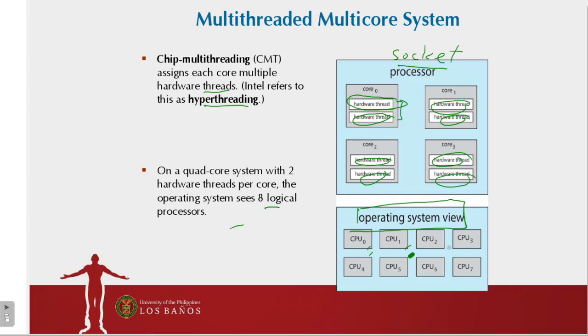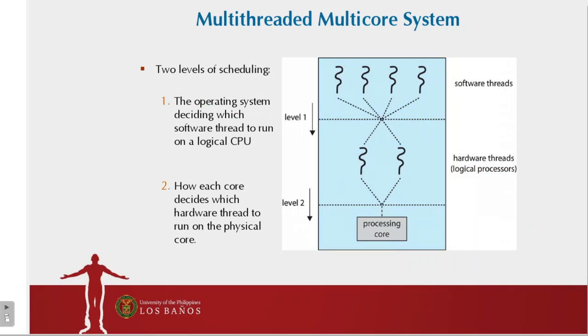So you see here again the importance of the operating system in providing an abstraction for this somewhat complicated but high performance hardware. And as a result of this multi-threaded multi-core system, we now actually have 2 levels of scheduling.